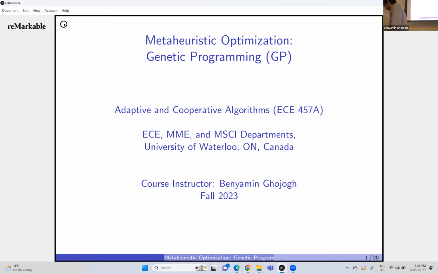Then we covered particle swarm optimization. What was its main idea? Let's use several particles, several candidate solutions, which collaboratively or cooperatively try to find the global best.